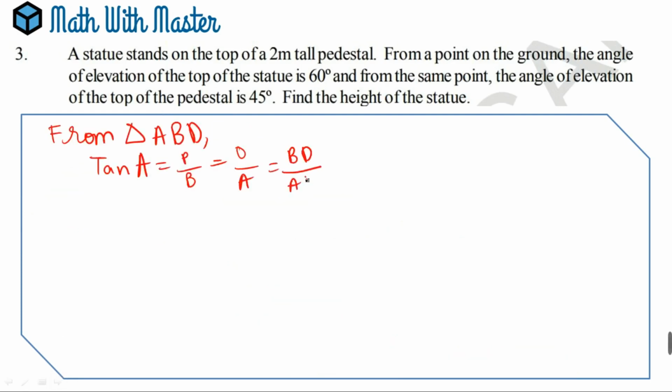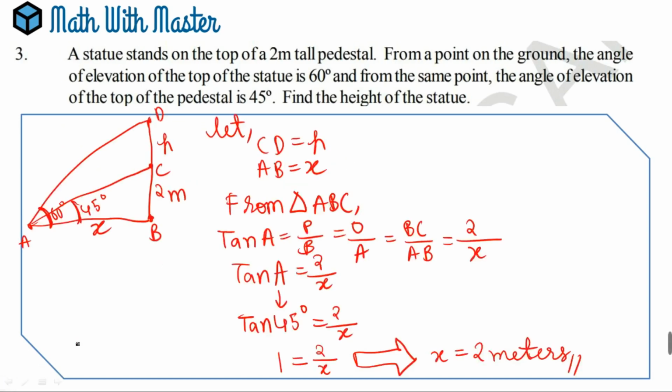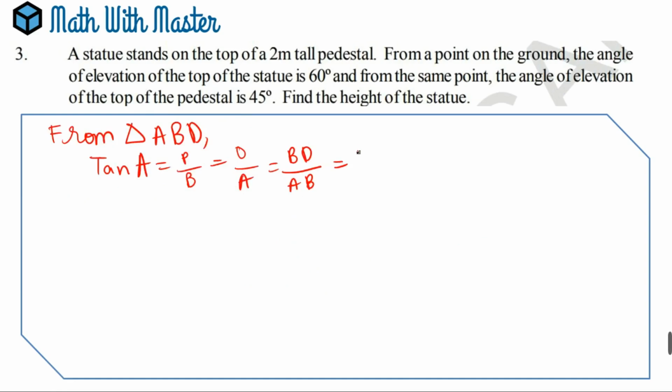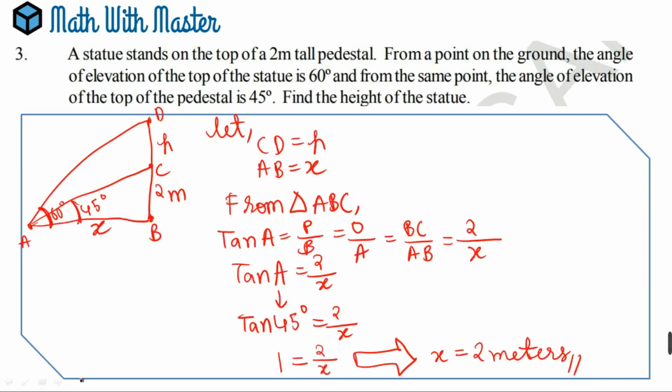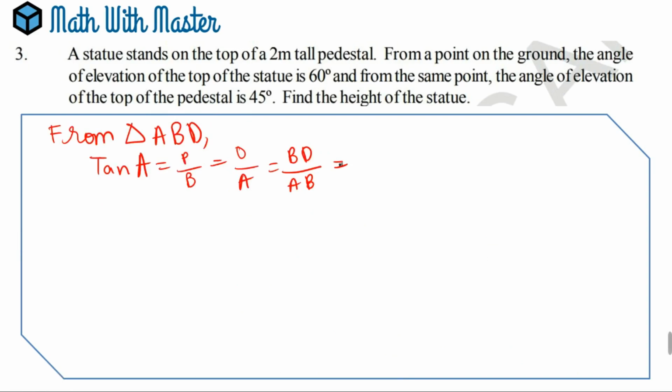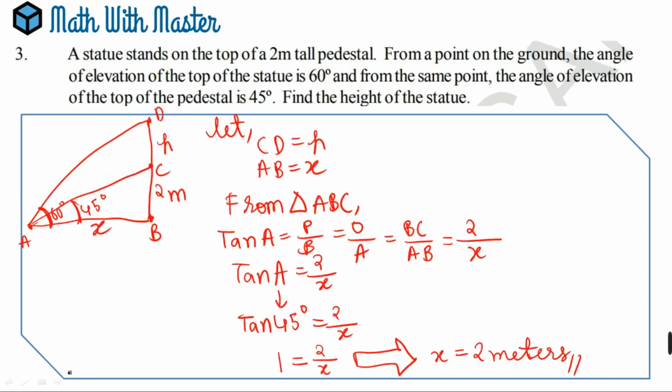What is BD? BD is h plus 2, or for better understanding, I will write BD as BC plus CD, upon what is AB? AB is x, and we have found the value of x, which is 2 meters.